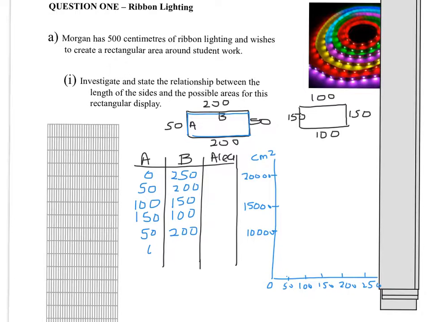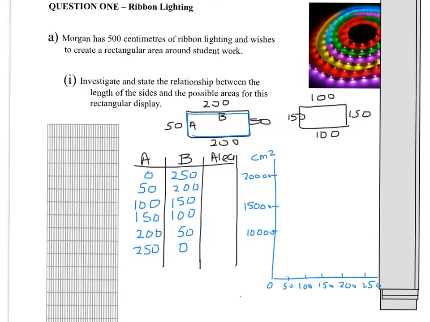I meant to keep going. Sorry, I'll go back here. 150. Let's go up to 200 for those sides. That gives me 50, and if I make this side 250, I get back to 0. Okay, so those are combinations of sides.